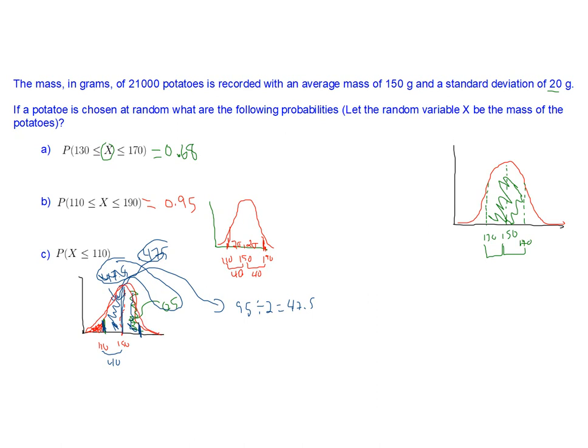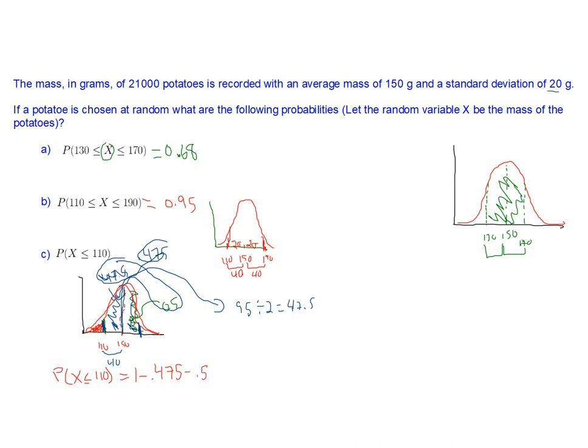So the probability, just jot this down here because I've run out of space up there, that x is less than or equal to 110 is equal to 1 minus the area in blue, which is 0.475, and minus the area in green and blue, I guess, which was 0.5.